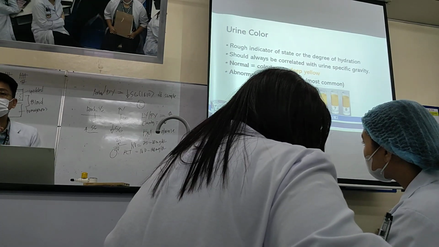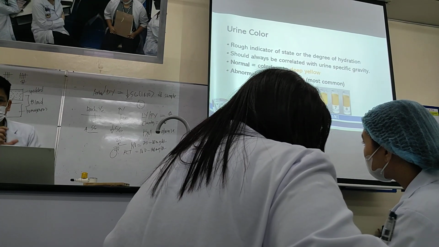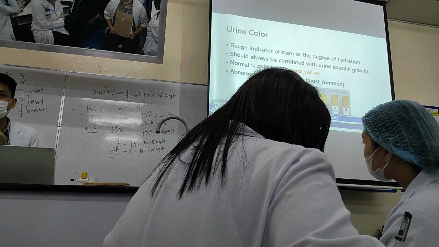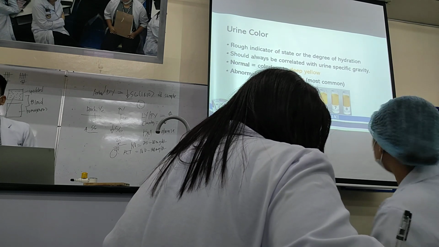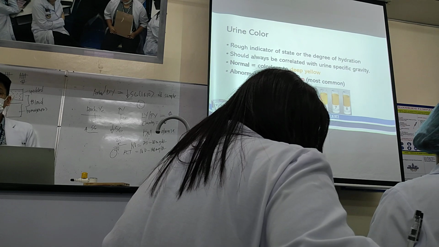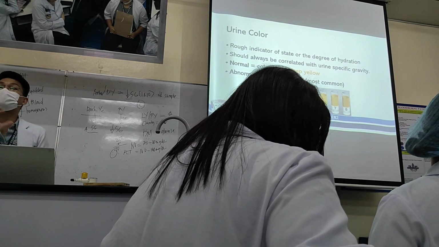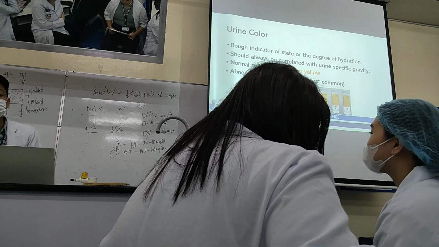When pus cells and WBCs increase, the urine sample is expected to be cloudy. But that's for pathologic reasons. Later on, I will discuss the non-pathologic reasons why urine is cloudy.